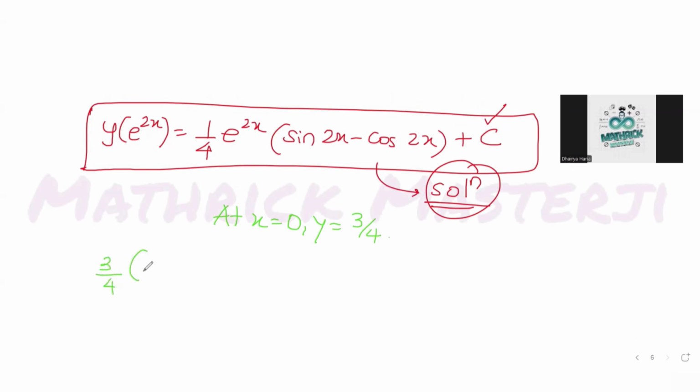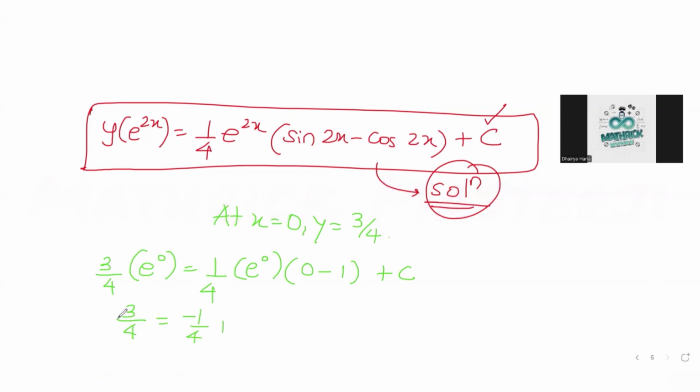So 3 over 4 times e raised to 0 equals 1 over 4 e raised to 0, sine of 0, which is just 0, minus cos of 0, that is 1, plus c.